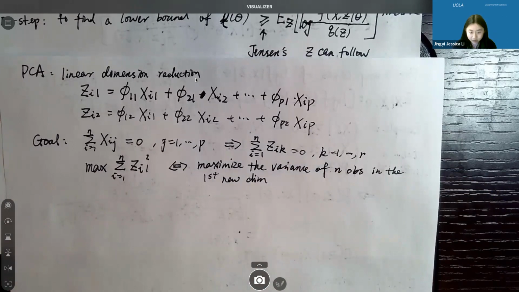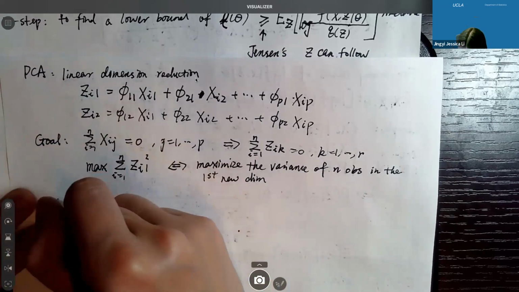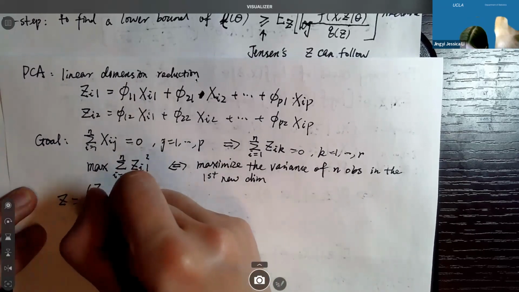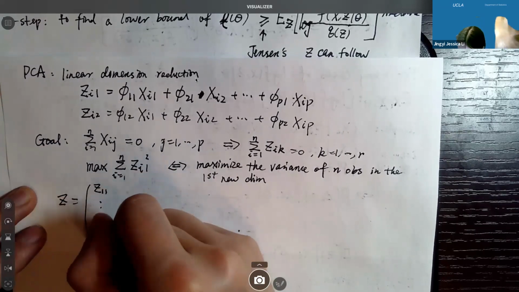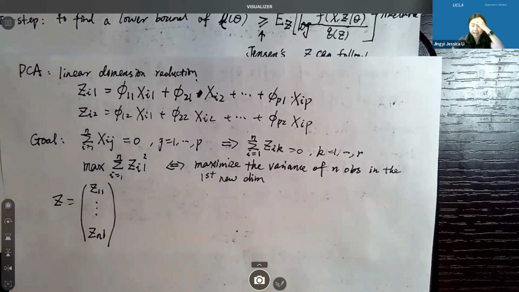Okay, so now I am going to use linear algebra. Here I just talked about one observation, but now I'm going to go to the vector matrix notation. So I'm going to stack these things. I call it Z. By stacking, I have Z11 to Zn1, the n observations in their new dimension.